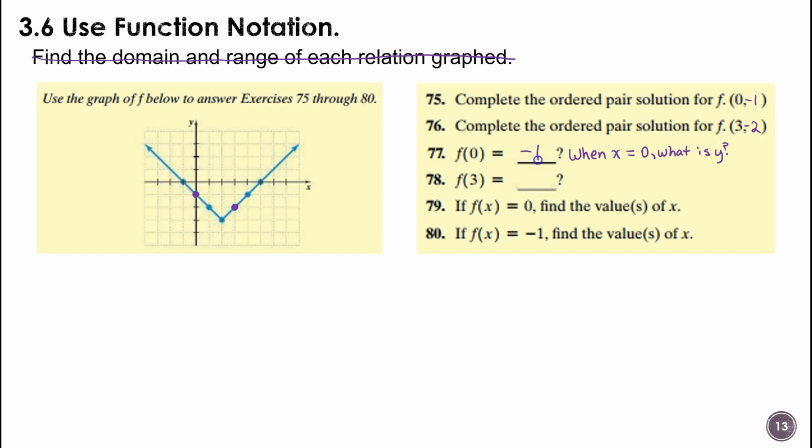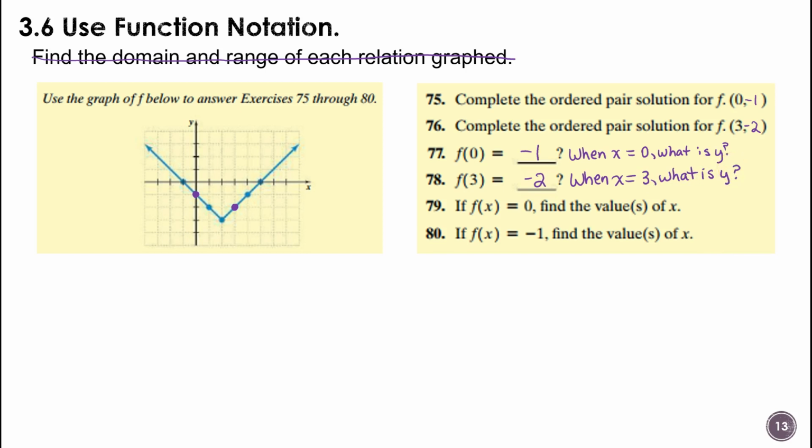So it would be negative 1. And then same thing when x is 3, right? What is y? Same kind of question. So x equals negative 2. Do you see how those are the same as those? So when x equals 3, what is y?